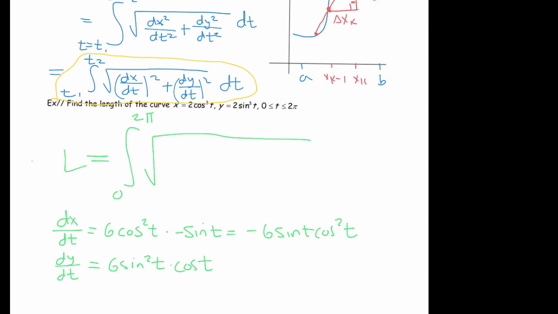So we put those into the integral. dx/dt squared would be negative 6 sine t times cosine squared of t, squared, and add that to dy/dt squared, which is 6 sine squared t times cosine of t, squared, dt.